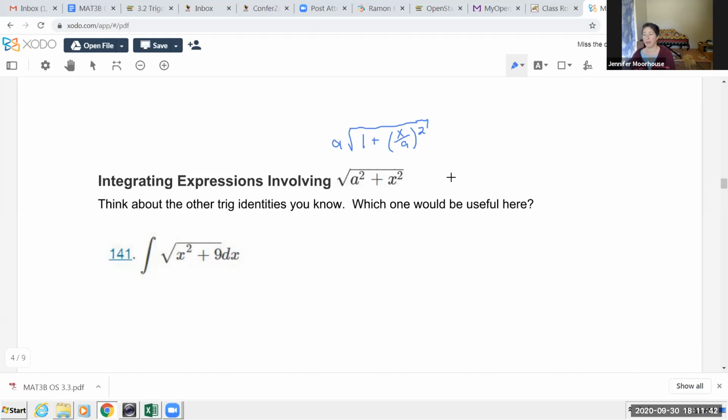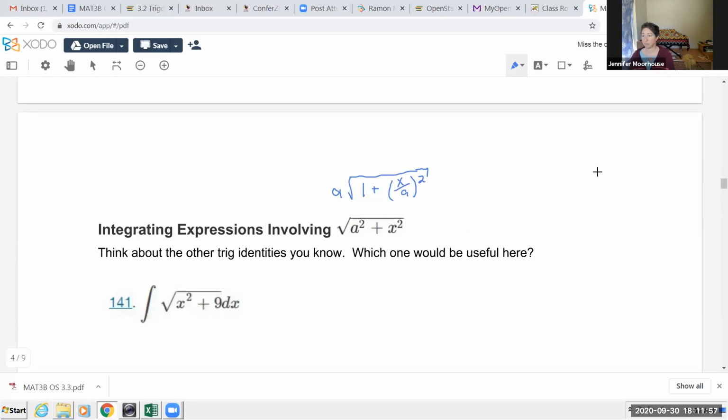And when I start running through my memory of trig identities, I know that tan squared plus 1 is equal to secant squared. So that is the trig identity that we want to keep in mind here.